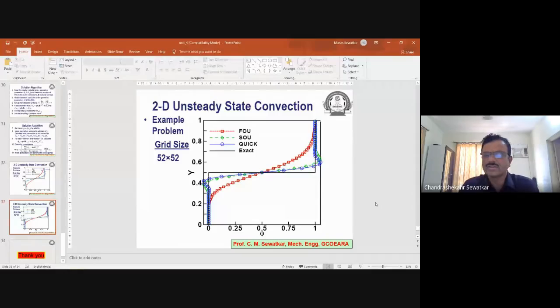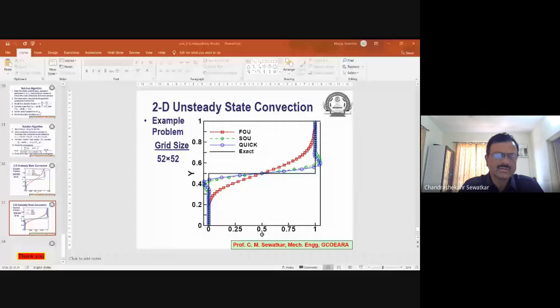So there is a little bit of variation in the solution. If I make this grid size finer, maybe I will be able to obtain a very close solution in this region as well. But yes, you are right. We need to check whether with 101 I am able to obtain the solution which is very close to that of the exact solution. But numerical solutions cannot provide you the solution which is exact.